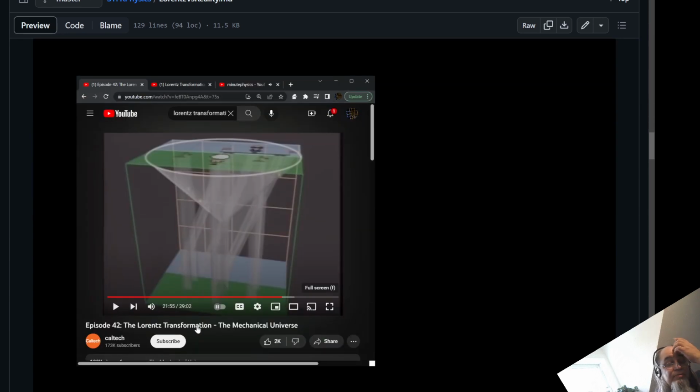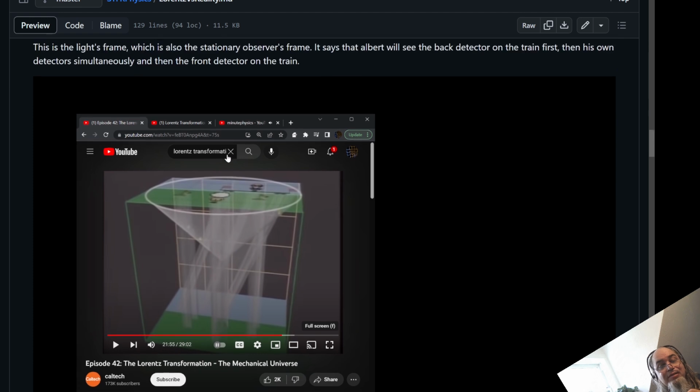This is the Lorentz Transformation, the Mechanical Universe version. They have this 3D plot that this event is, this is the stationary observer. This is the moving one with detectors on its end. But this one also has, when they pass each other, a pulse emitted from the center and then hits detectors here, hits a detector here. And there's two detectors on this end, and then once they hit the detectors, then the observer sees the detectors.